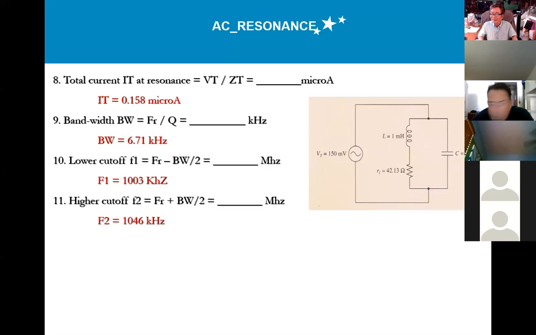If you want to know anything, you just run the PSPICE simulation and you can get everything you want. Now, everything the computer does for you. Shouldn't F2 be 1009? You say 1009 for what number? Yeah, for F2.